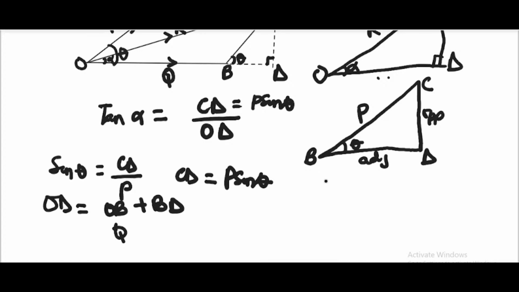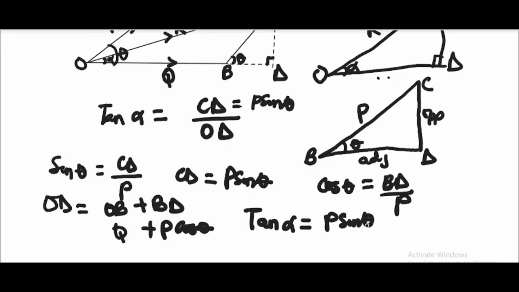So we have cos theta equal to BD over P. Cross multiplying, BD is equal to P cos theta.